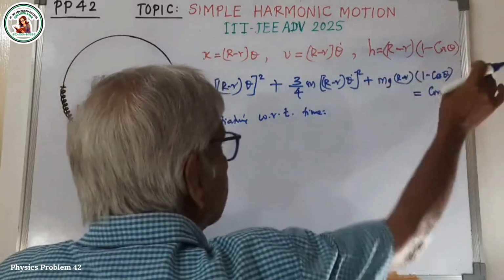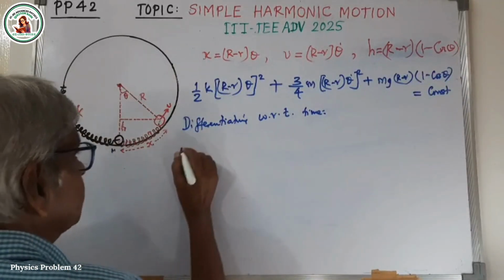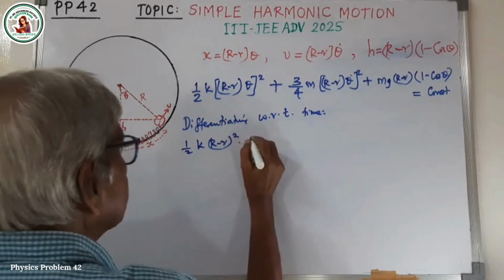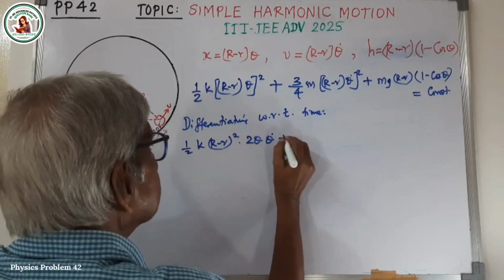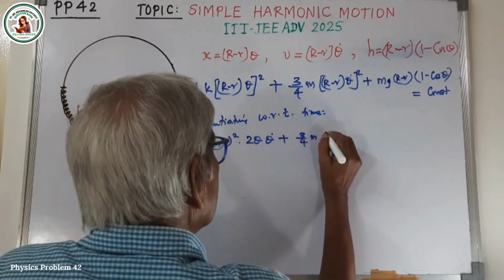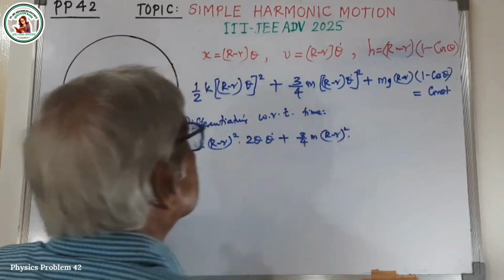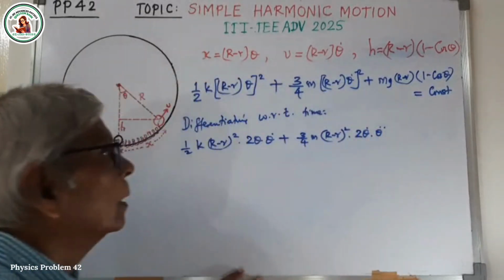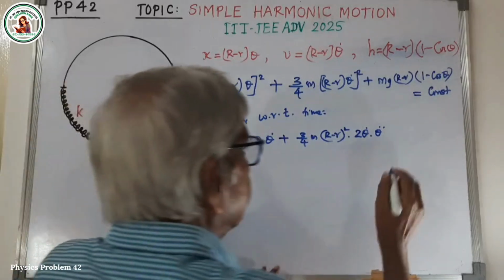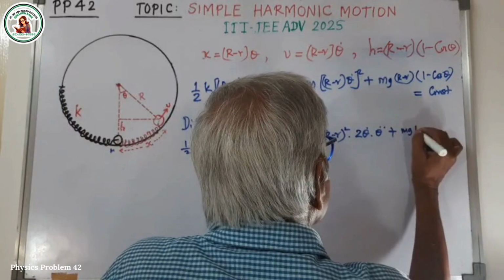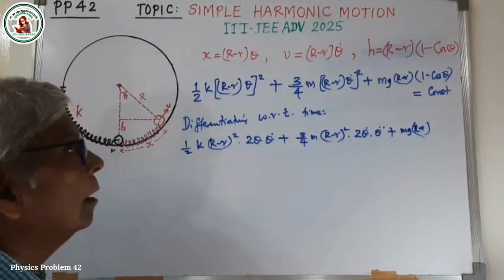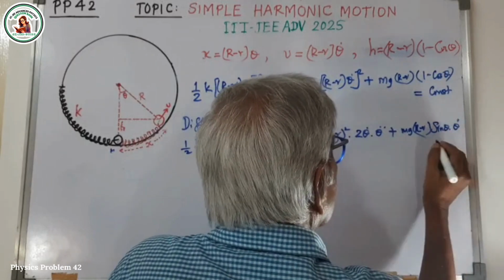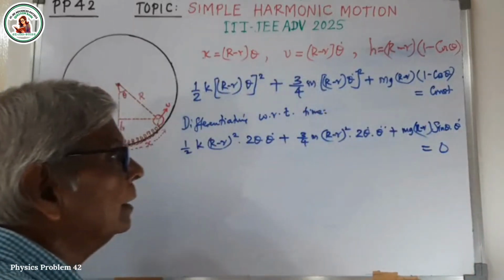Differentiating k (R minus r) square theta square becomes 2 theta theta dot, plus 3 by 4 m (R minus r) square, where theta dot square differentiates to 2 theta dot theta double dot, plus mg (R minus r), where the differential of 1 minus cos theta will be sin theta theta dot. This is equal to 0.